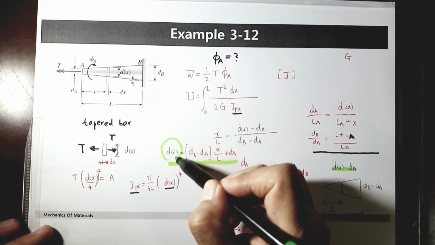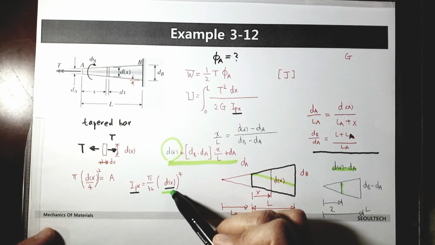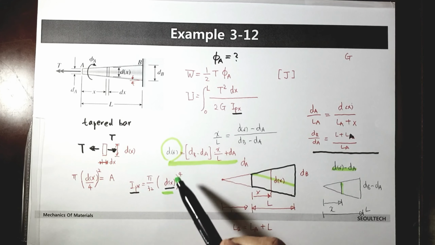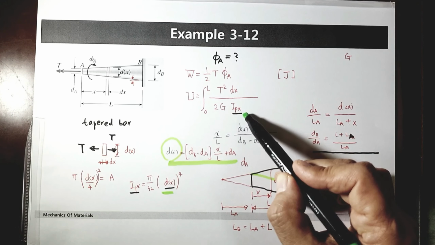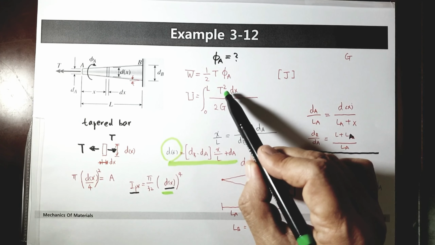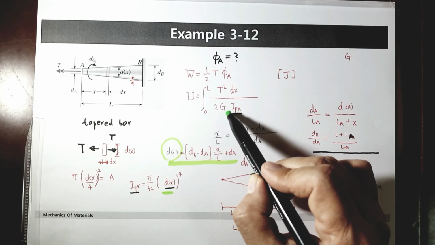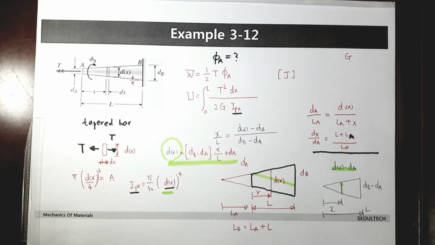We found the dx value, and this dx can be substituted there. If we substitute, then finally we can have IPx. IPx is there, and T is constant, and G is the shear modulus of elasticity, which is constant. Then finally we get this kind of integral.